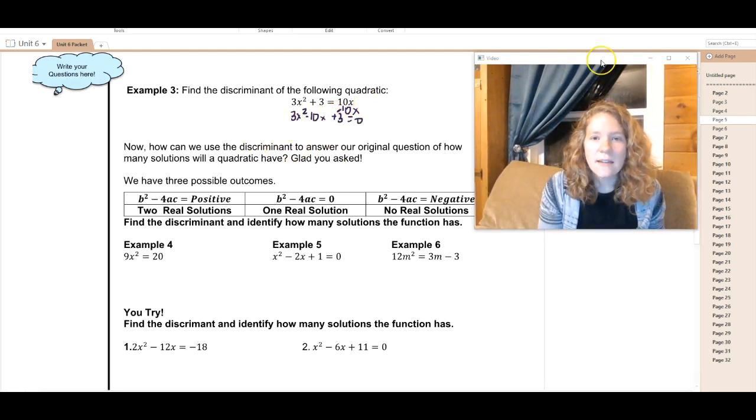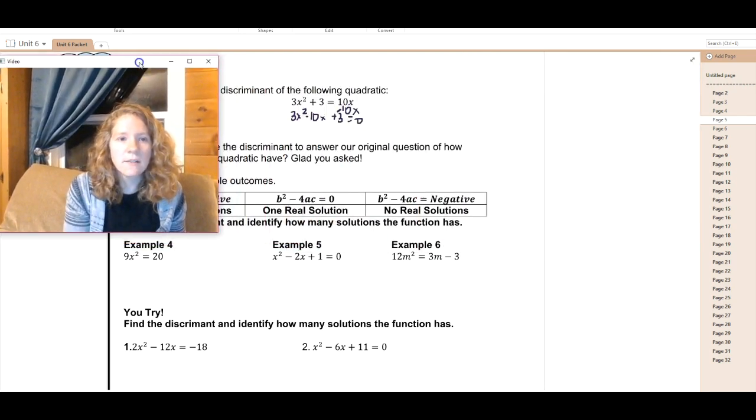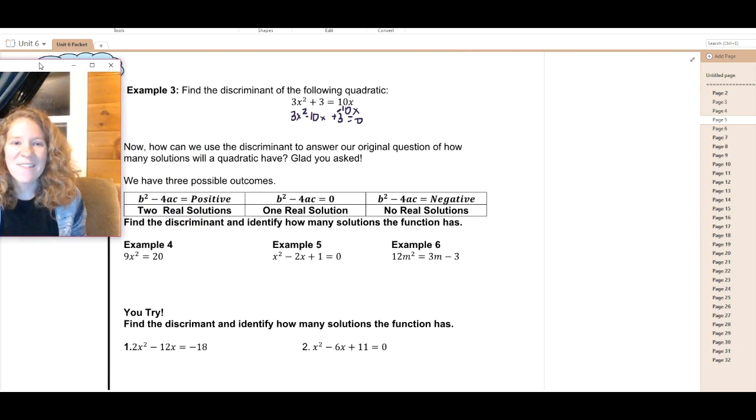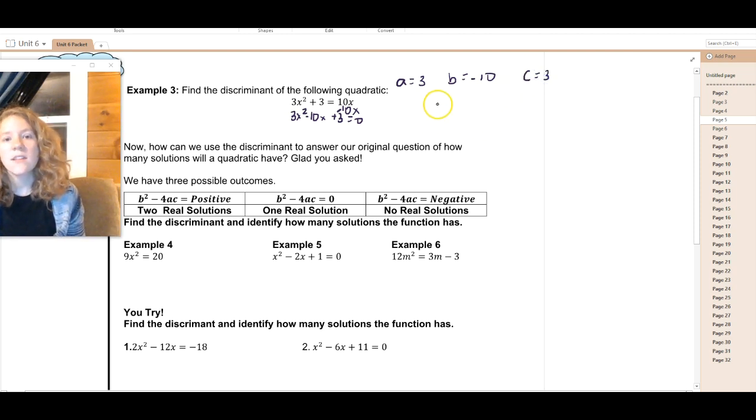Alright, then I think I'm going to have to move myself over here so that I have more space to write. So now my a value is 3, my b value is negative 10, make sure you put that negative, and my c value is 3. The discriminant uses all three of these values, so make sure you identify all three of those.